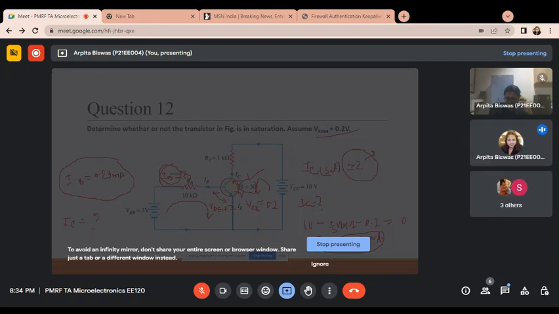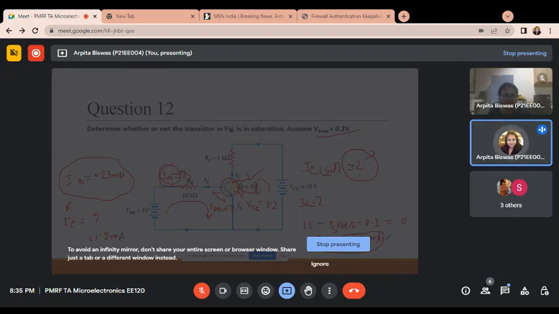Actually, there is no need to find anything else. The IC saturation current is 9.8 milliamps, and from the beta and the IB value of 0.23 milliamps, you are finding the value of IC, which is 11.5 milliamps, greater than the saturation current.